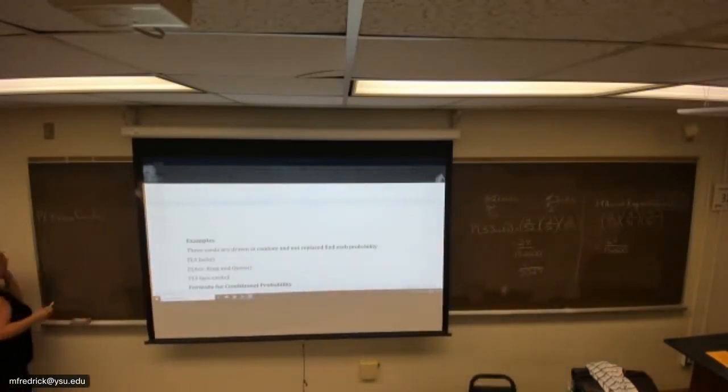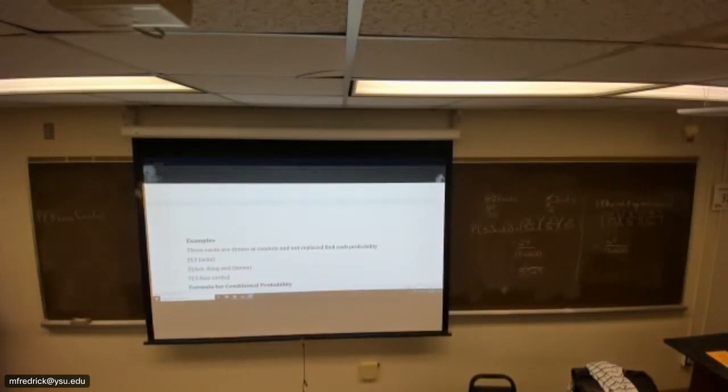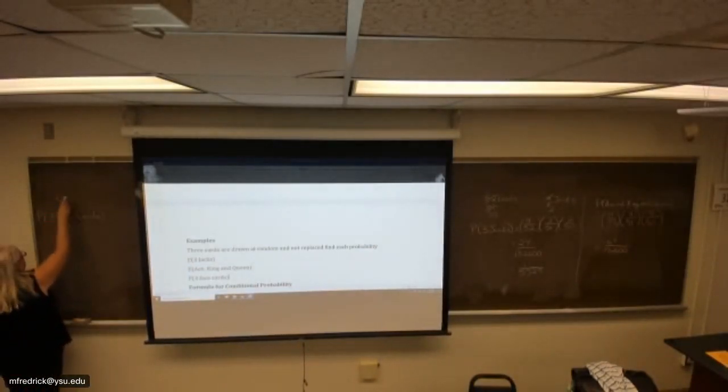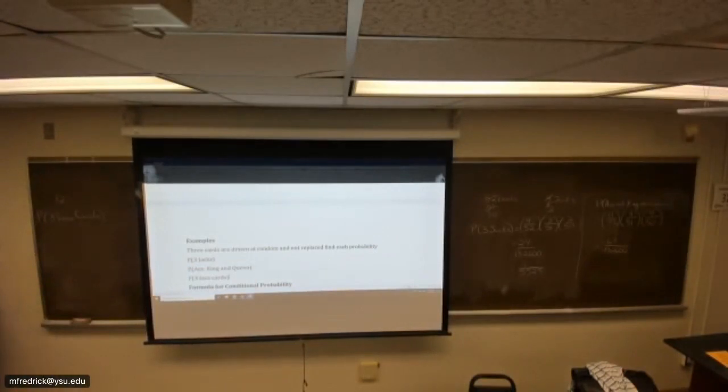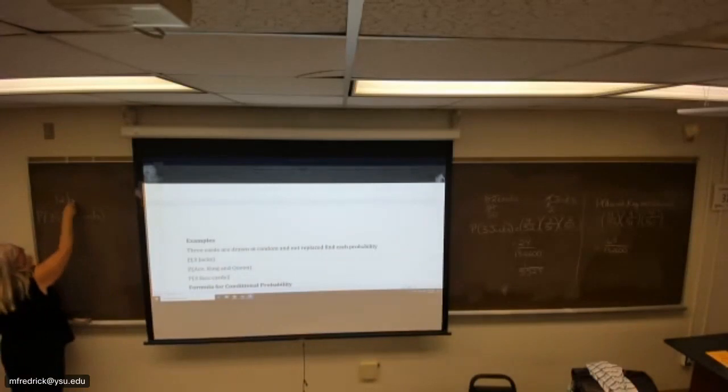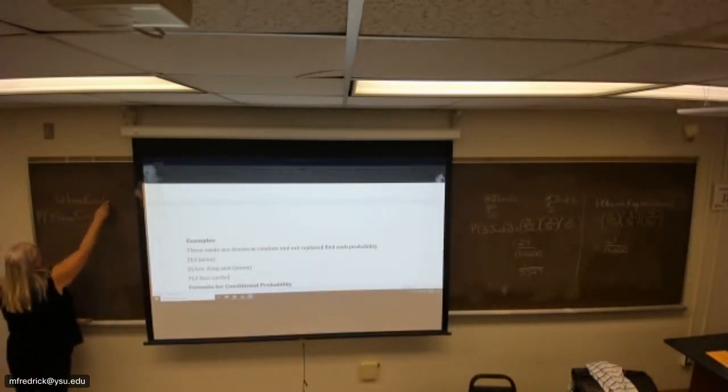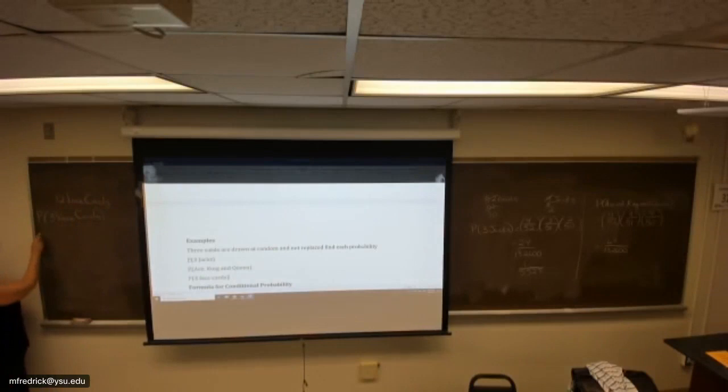Three face cards. How many face cards are there? 12. There's the king, queen, and jack in each suit, so there's 12 of them. So the probability the first one is a face card, 12 out of 52. But we picked a face card and we didn't put it back, so there's 51 cards and only 11 of them are face.